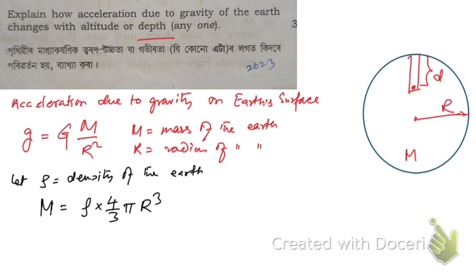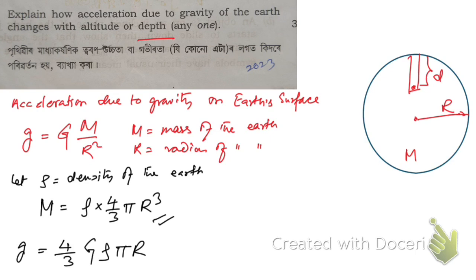If you use this value here, then you will get g is equal to capital G, let me write it properly, instead of M, rho 4 by 3 pi R cube divided by R square. If you cancel this R cube by R square, then you will get only R. So the value of small g will be 4 by 3 G rho pi R. That's what we will get after putting this value here, right? Hope you have understood this.